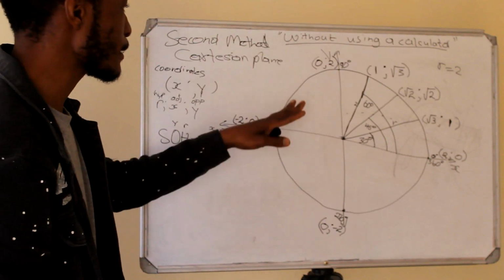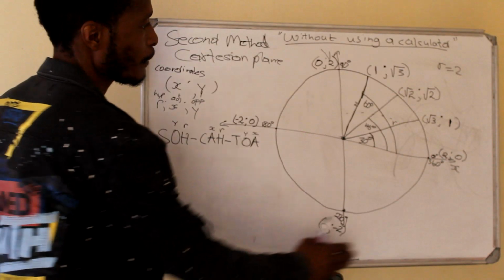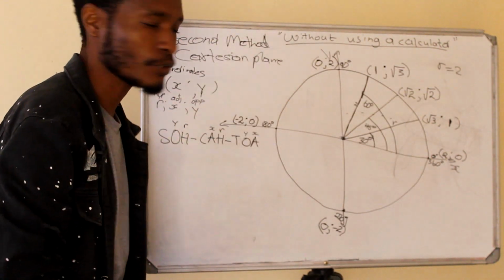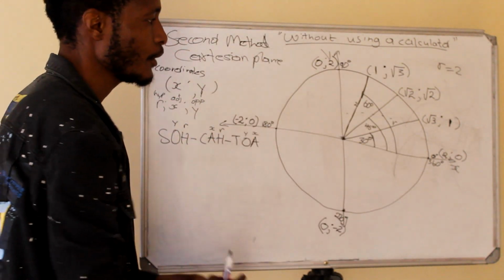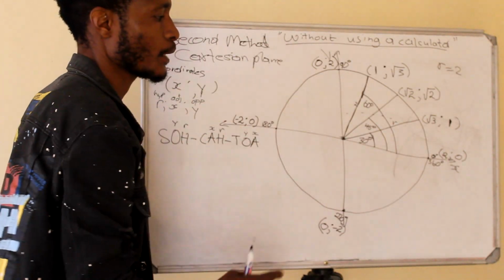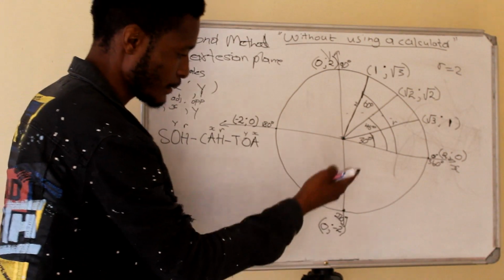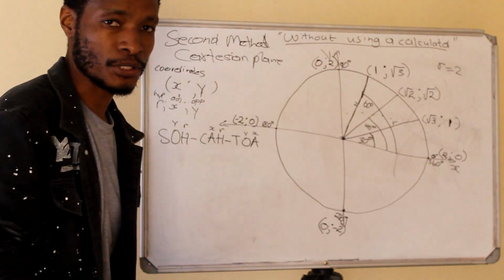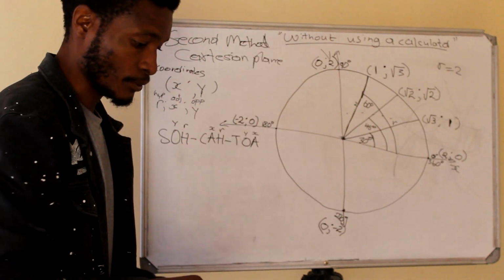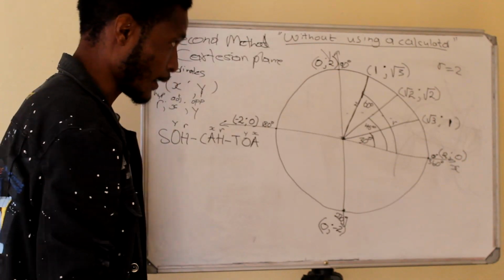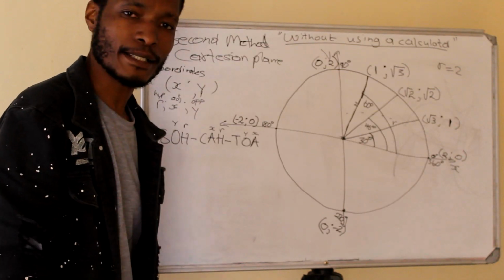Right, now that's about it. Now all these angles are accounted for on the Cartesian plane. You can get any angle you want, even if you want the cos of 180 or 360, you can still use the same coordinates to be able to get those figures accurately. And that's it. Good luck.